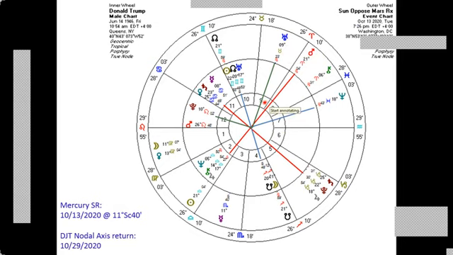I'm right, you're wrong. So this looks to be an interesting aspect. As we can see, the Mars retrograde is going to go over his Jupiter, opposes Jupiter 3 times. Who will he choose to fight with?